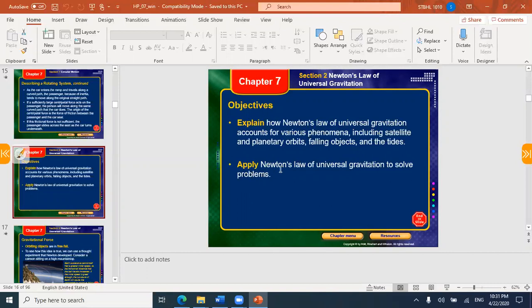And also we knew how to apply Newton's law of universal gravitation, which is directly proportional to the masses and inversely proportional to the square of the distance. And it was G m1 m2 over r squared. And also from that equation, we get the equation of the gravity for a planet and the gravity of the planet at a given height.